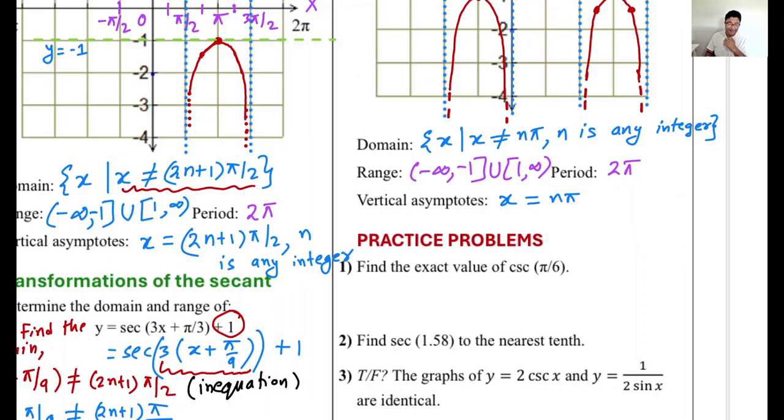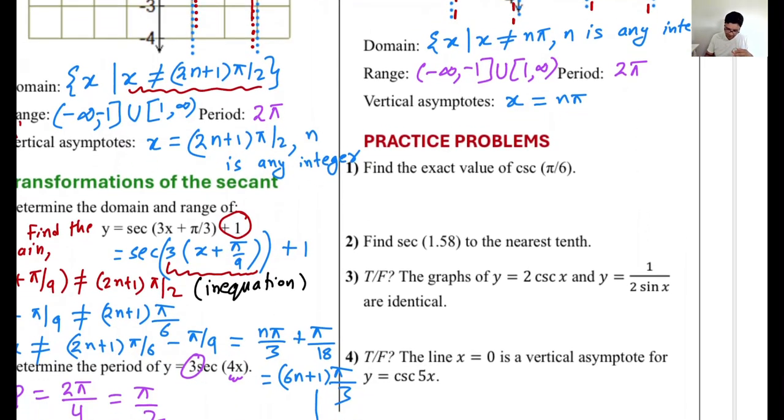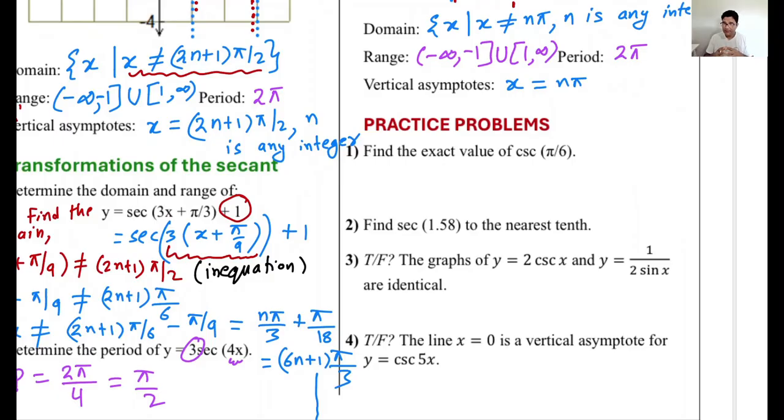For any integer n. Let us look at some practice problems on this graph of cosecant. Find the exact value of cosec pi over 6. This is a simple practice, again, in reviewing the unit circle technique. Cosec pi over 6 is the reciprocal of sine, so 1 over sine pi over 6, and sine pi over 6 is the y coordinate, right?